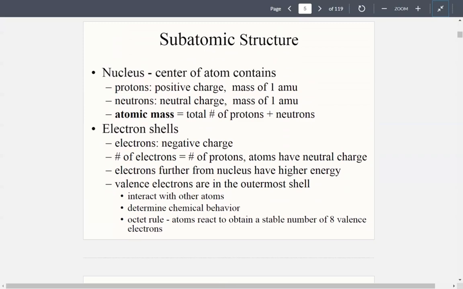So the atomic mass, which is also associated with every single atom, is going to be the total of the protons and the neutrons. You might be asking, but there's electrons too. Why aren't they in the mass? It's because they weigh so little, and some atoms have so few that we just don't take them into account. Protons have a positive charge, as I mentioned. Neutrons have a neutral charge.